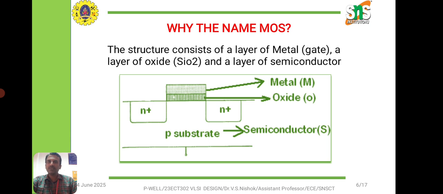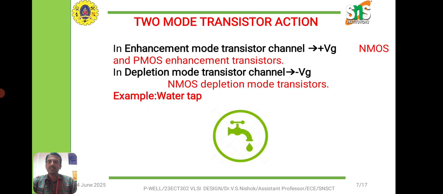The combination of semiconductor, oxide and metal forms the transistor, which is represented as a metal oxide semiconductor transistor, MOS transistor.